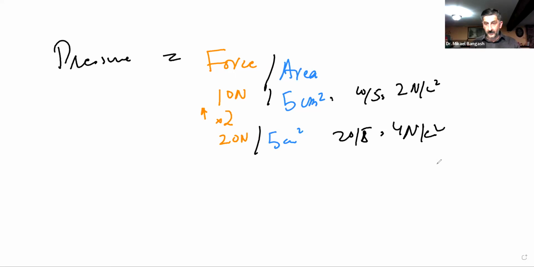Before, there was a force of 2 newtons per each centimeter square of area, whereas here there is a force of 4 newtons per each centimeter square, which means there is greater pressure, twice what we had in the beginning.